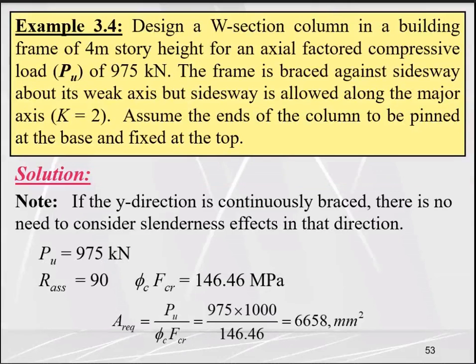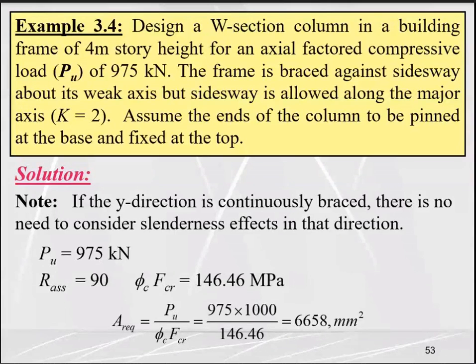Actually in a partially restrained frame, when you are computing the k factor or the effective length factor for any frame or any column, either end of the column may be connected with a column from the upper side and also the beam on both sides.